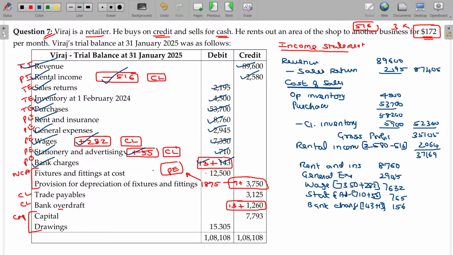And here we have depreciation for fixtures and fittings, the value being 1,875. No other items are available for posting in the income statement.